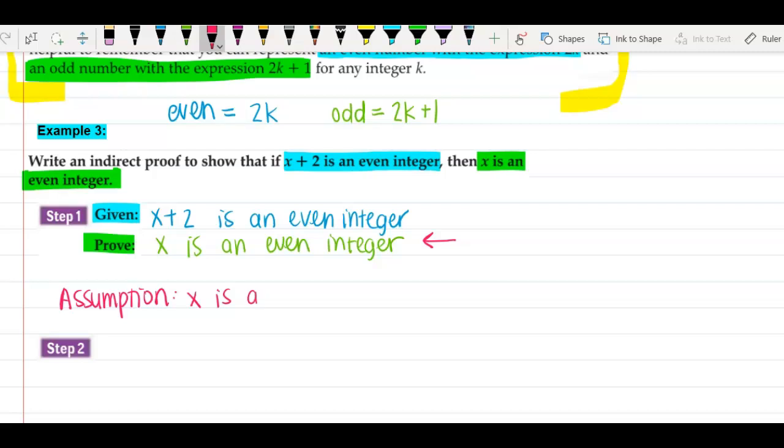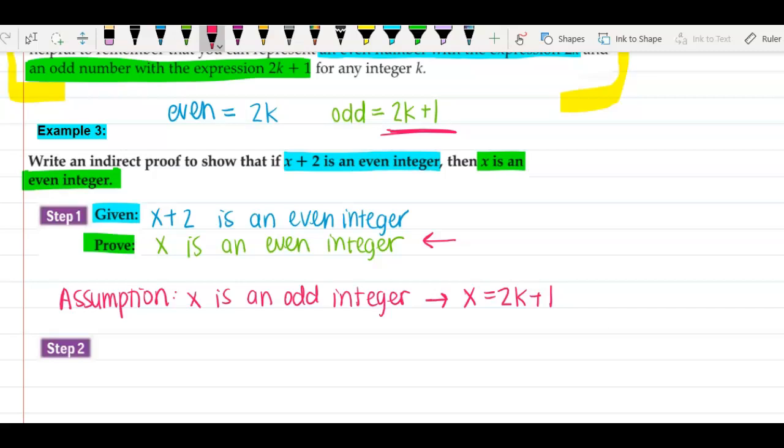So x is an odd integer is going to be our assumption. If x is an odd integer, then let's say x is represented by what we know is odd, 2k plus 1. So from now on, x is equal to 2k plus 1.